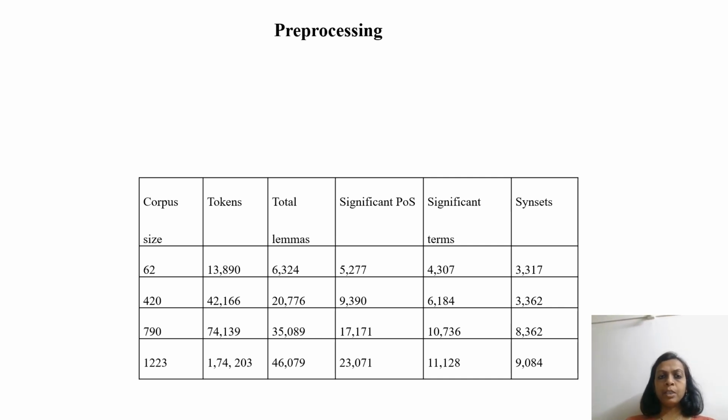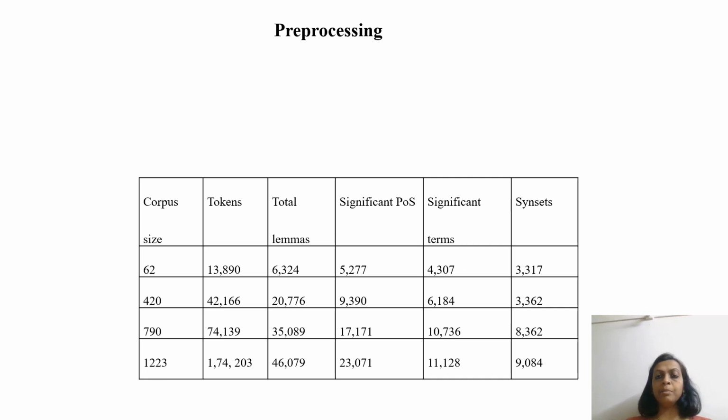If you process 62 documents, then the tokens considered as the feature set are reduced from 13,000 to 3,000. Roughly I'm talking about these figures. For 420 documents, it reduces from 42,000 to 3,000. Likewise, for more than 1,000 documents the synsets are reduced to 9,000 synsets.